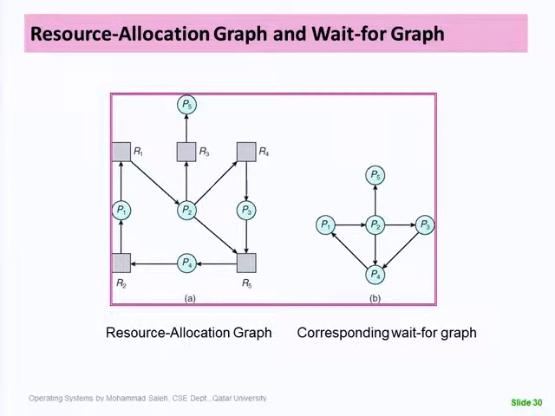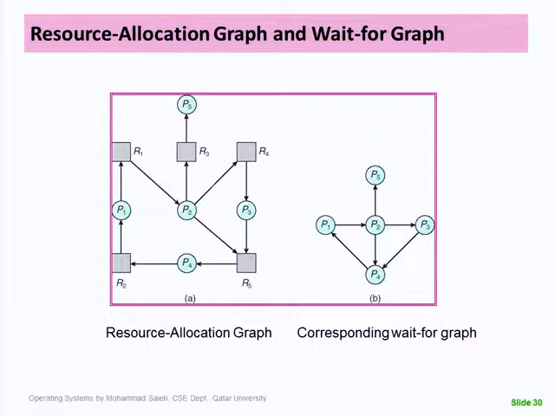When I say that I have a deadlock situation, for example, in this case, I have a cycle here. The processes involved in the deadlock are those appearing in the cycle. So this small cycle having P1, P2, P4, back to P1, the processes involved are P1, P2, P4. So this is one deadlock.